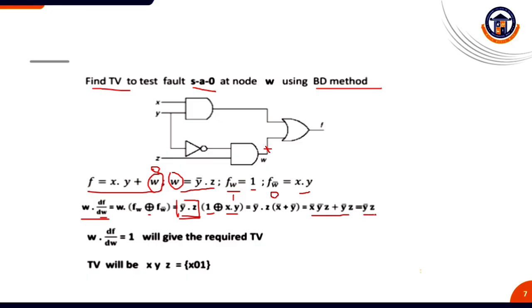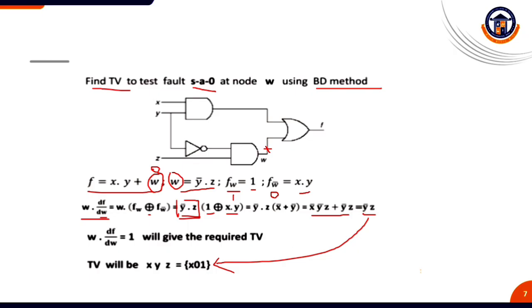But in this term, we missed one label, that is the x input value. Keeping this in mind, we can write our test vector in the order x, y, z. Our expression has only y bar z, so y bar z we can write as 0, 1.